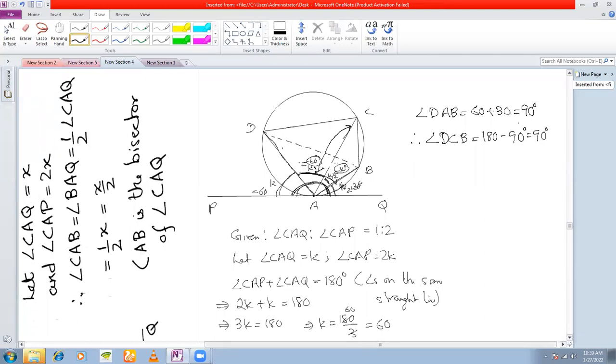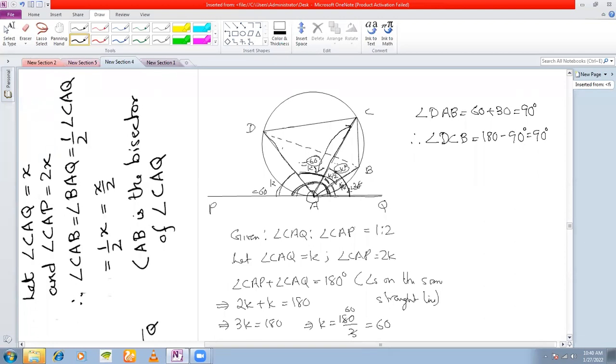Okay. Now the question is how to find the other two angles. A small observation that you must make here is that this is a tangent AQ and this is a chord, isn't it? They intersect at the point of contact A. That means this entire angle becomes the angle in one segment, right?